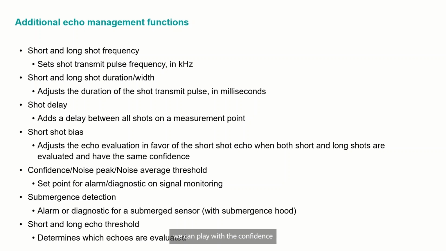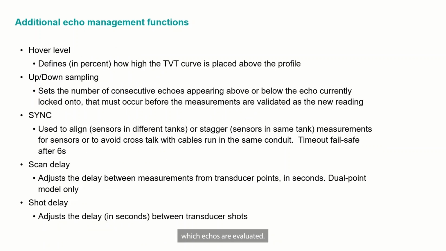We can play with the confidence and the noise peak and the noise average thresholds and raise diagnostics on all of those. We have submergence detection, so if the sensor becomes submerged, we can alarm and raise a diagnostic for that. Have to have a submergence hood on the sensor. We have short and long echo thresholds, which again will help us determine which echoes are evaluated.